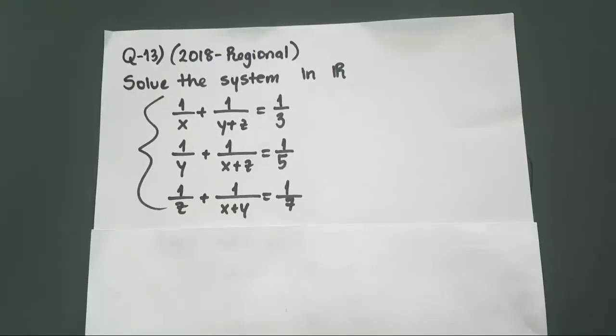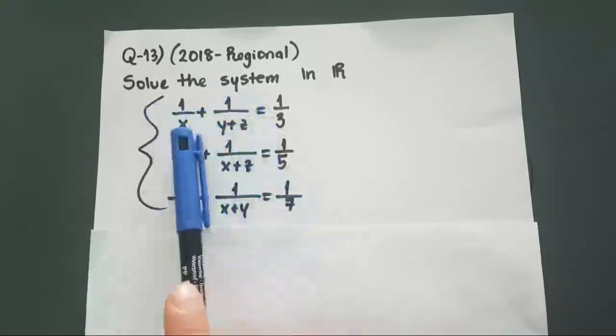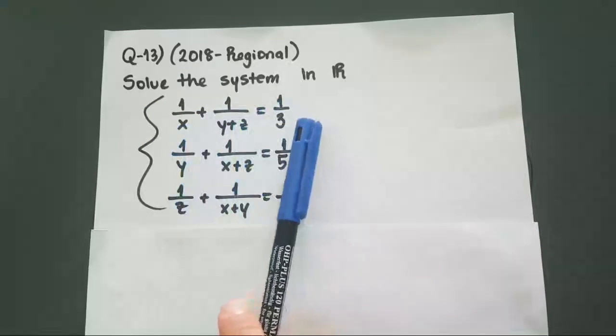How is it going? What's the hint for this problem? You can try to get a common denominator on the left side and then cross multiply.